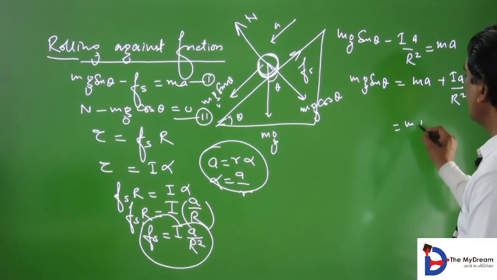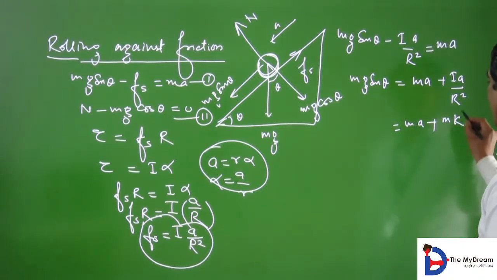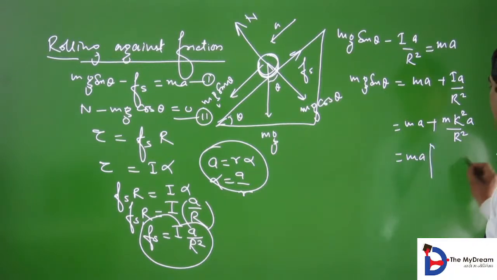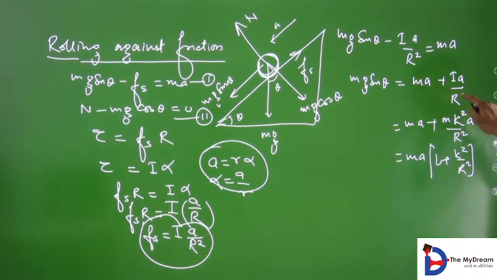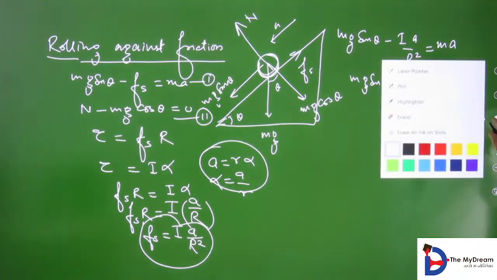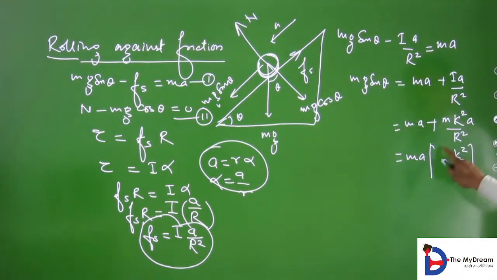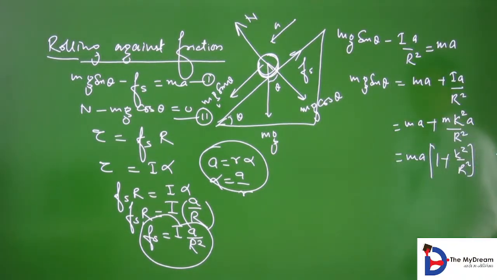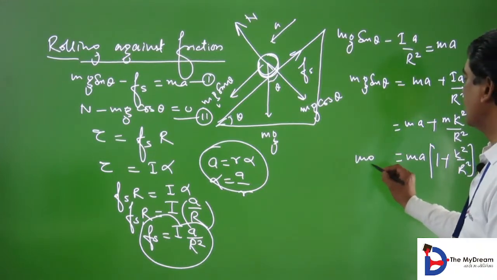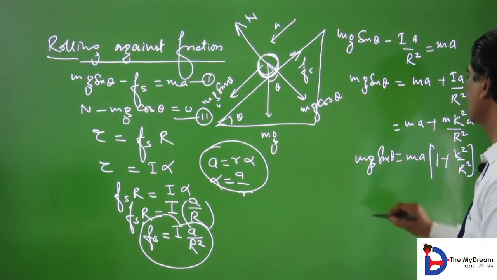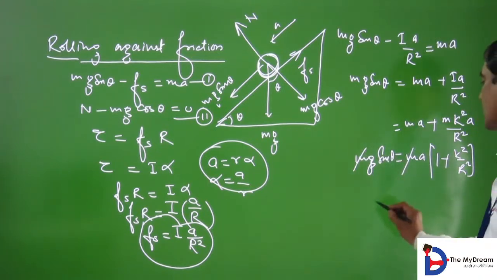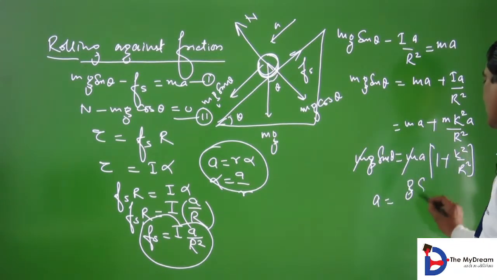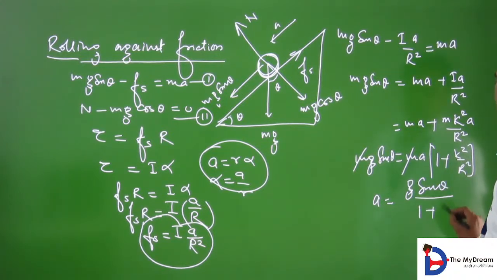Take m a common. I equals m k square, so 1 plus k square by R squared, and that is mg sin theta. So acceleration will become g sin theta divided by 1 plus k square by R squared.